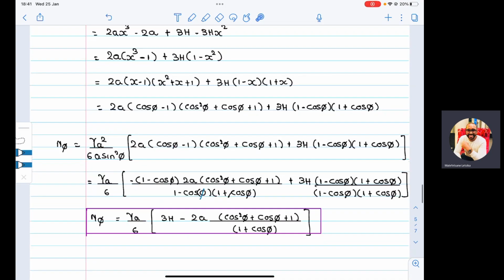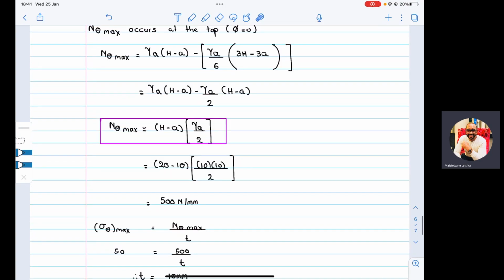Now that we have derived that, we can substitute in H, which was given as 20 meters, A as 10 meters, and gamma as 10 kilonewtons per cubic meter, and then A over 2, which is 10 meters over 2. This gives you 500 newtons per millimeter, which is your hoop force per millimeter.